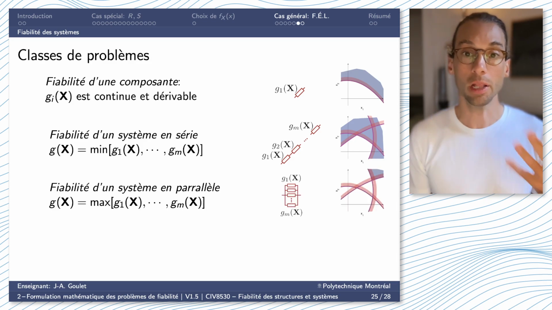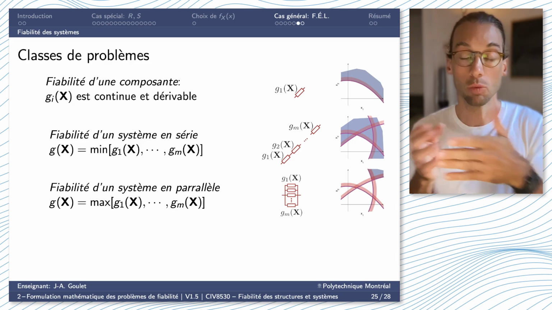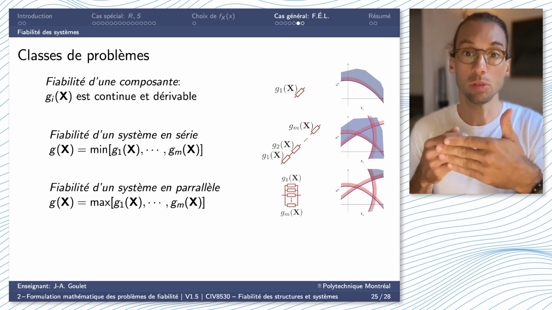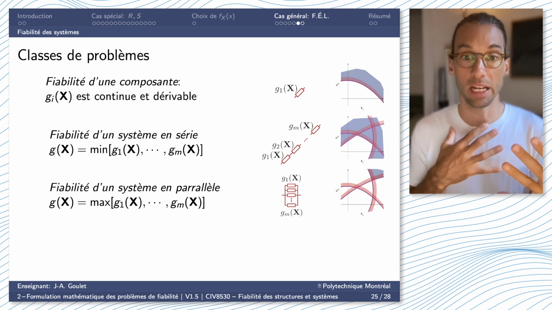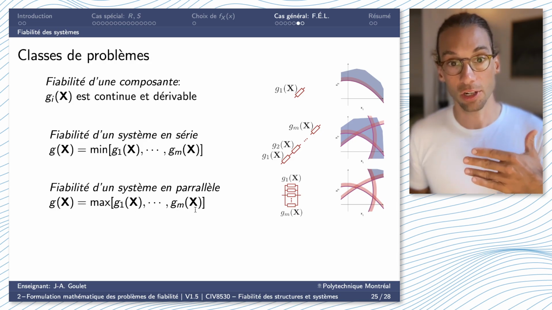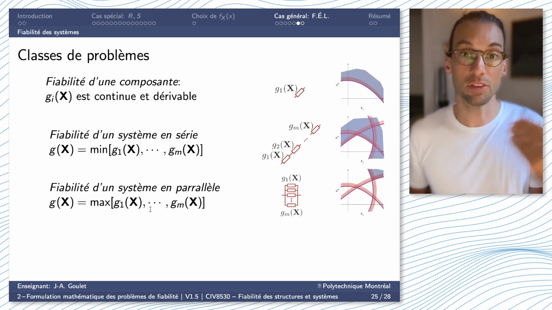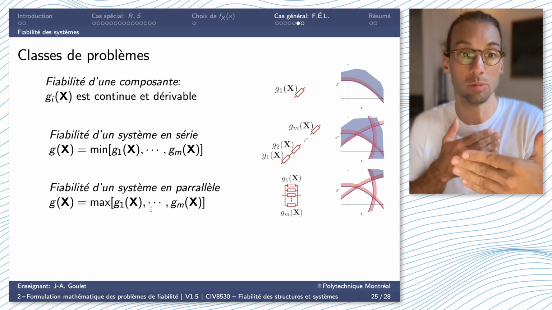If I have a parallel system, so imagine a bridge span made of multiple beams, we can say that we need all beams to fail in order to have a failure of my span. So in that case, I'm going to take the max of the limit state functions for each of my individual beams. Okay, because if any of them survive, my bridge is still deemed to survive.